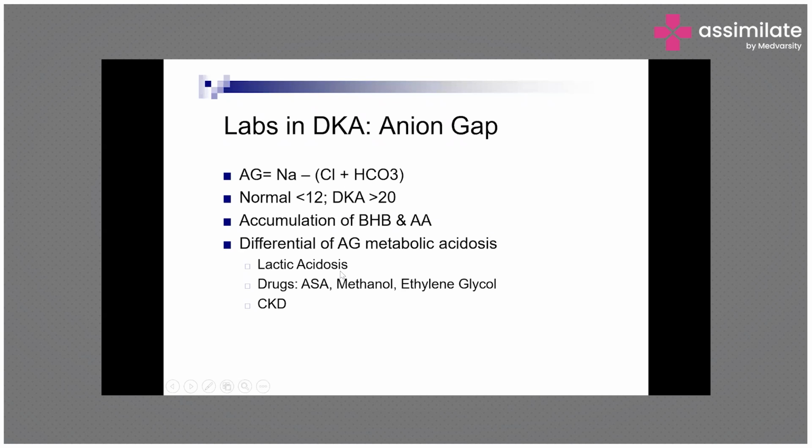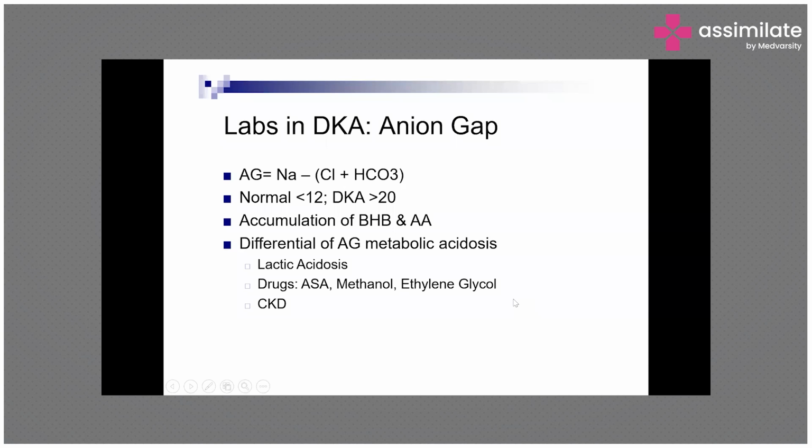And then we have to look at the differential diagnosis also. High anion gap metabolic acidosis can also be due to other causes like lactic acidosis, aspirin, methanol, ethylene glycol, and even patients with chronic kidney disease can manifest with high anion gap metabolic acidosis. So we have to consider these as confounding factors and as differential diagnoses.